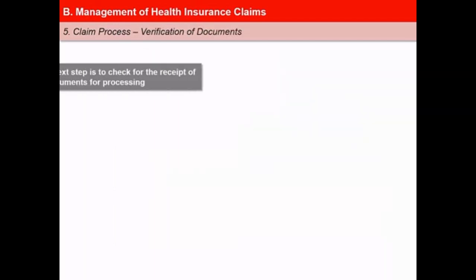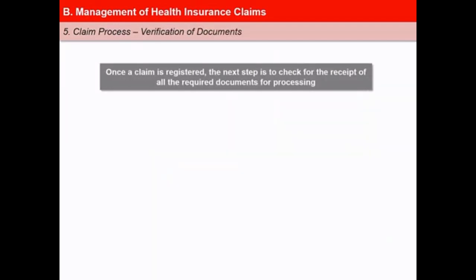Once a claim is registered, the next step is to check for the receipt of all the required documents for processing.